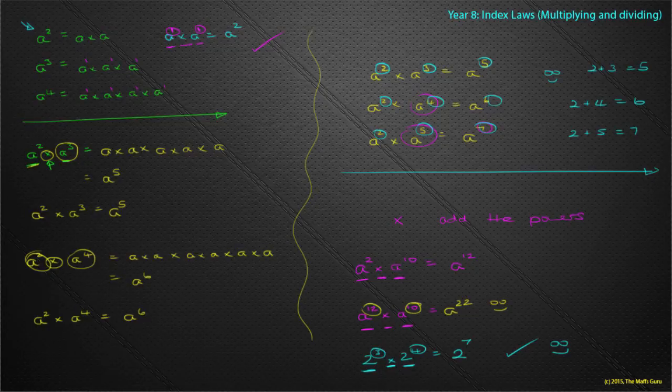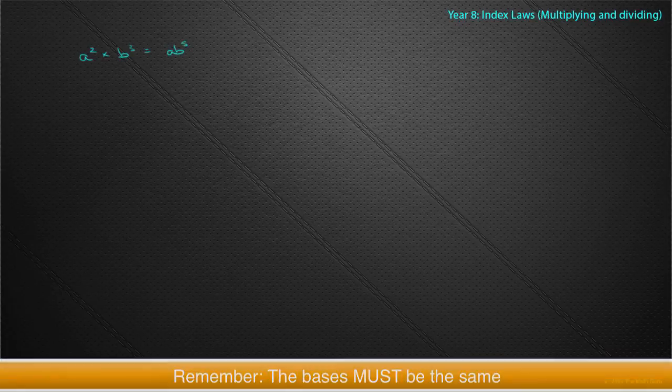Just be very, very careful, because remember, this only works if the bases are the same. So if I was given an example of a squared times b to the 3, that would not become ab to the floaty 5. It's not possible, because are the bases the same?